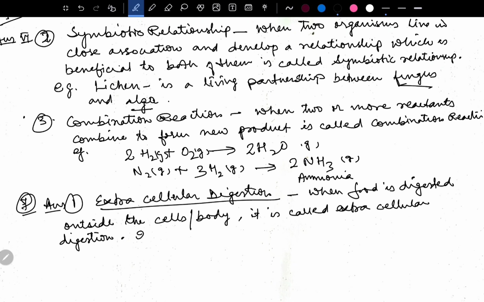And what happens? The organism secretes digestive juices, right?